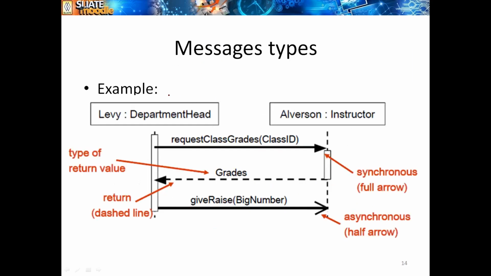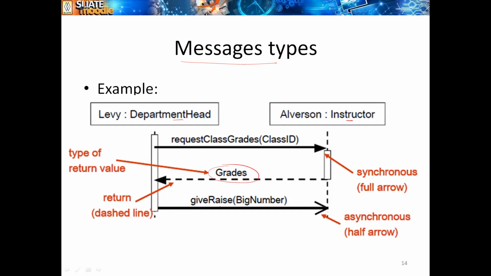Message types: department head and instructor. The type of the return is request class grade. The department head requests the class grade from the instructor. The instructor sends a response, returning the grade.